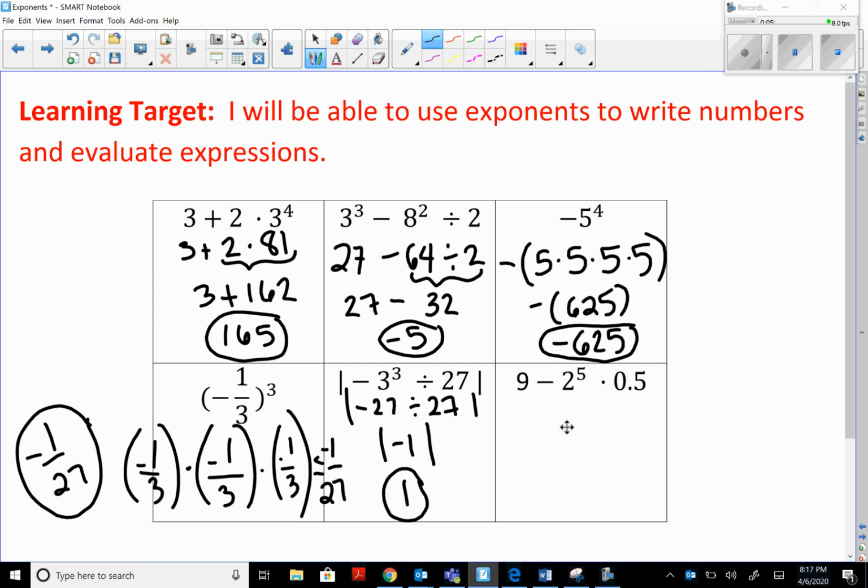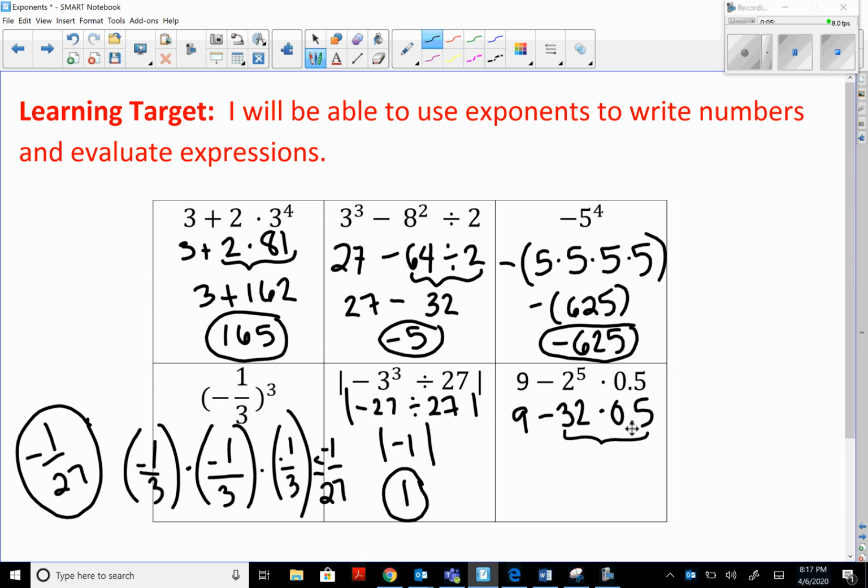So exponents are going to come first. 2 to the 5th power is 32. So 9 minus 32 times 0.5. Multiplication comes before subtraction. So I need to multiply 32 times 0.5, and I get 16.